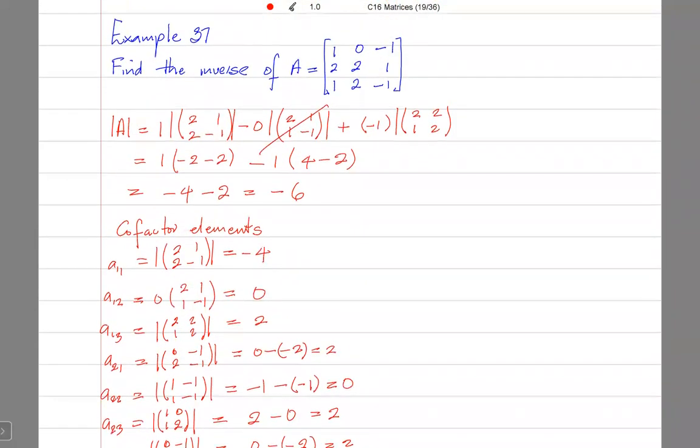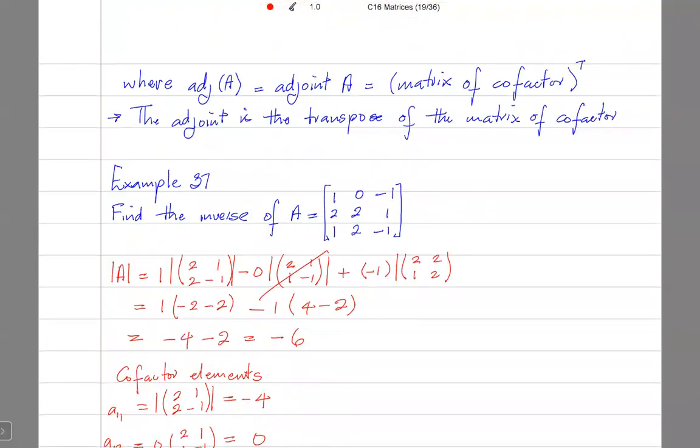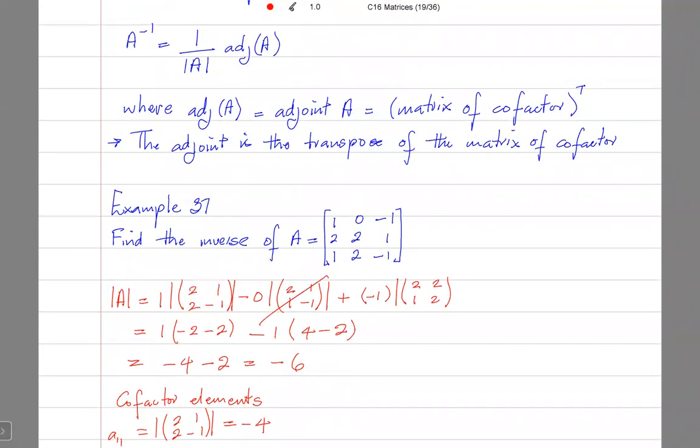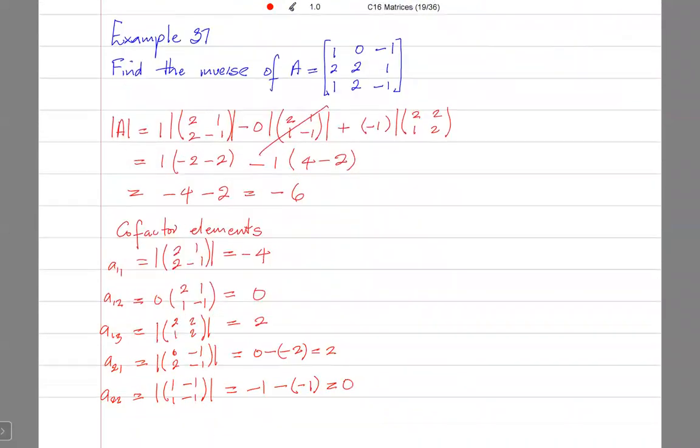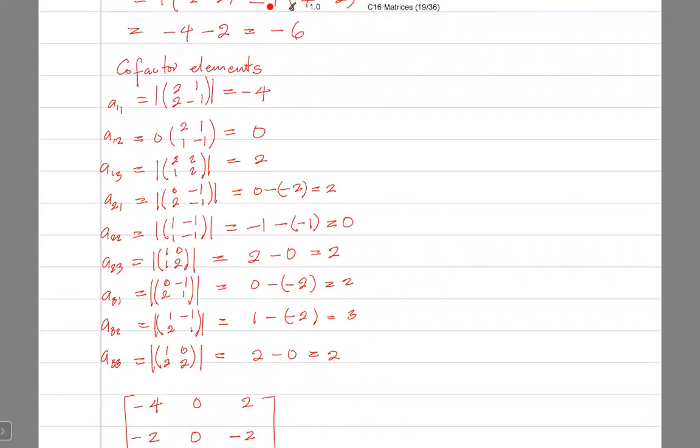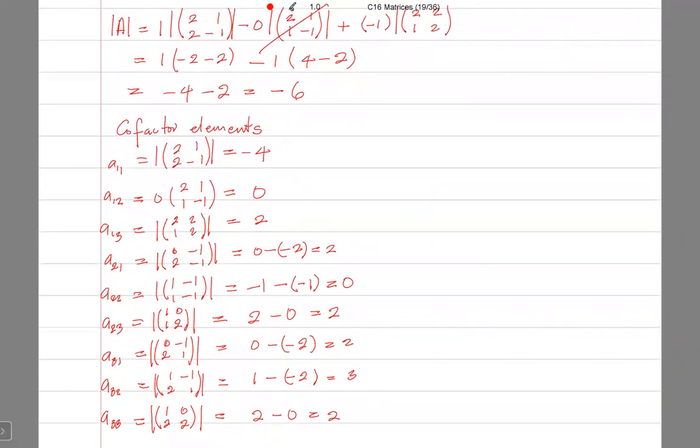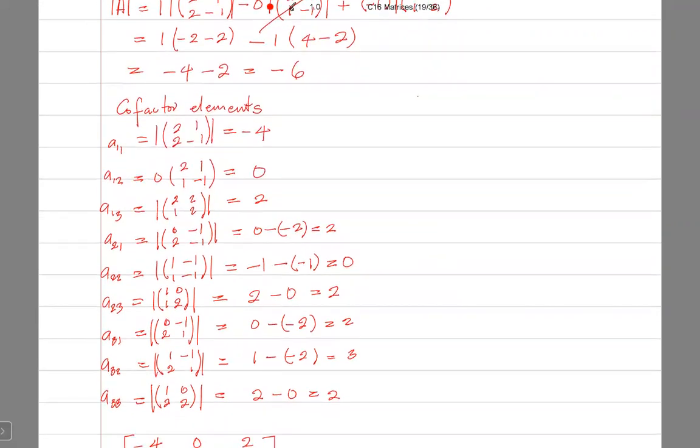All right, so next I need the adjoint. The adjoint is the transpose of the matrix. So A inverse is 1 over the determinant of A, adjoint A. So this is minus 1 over 6.